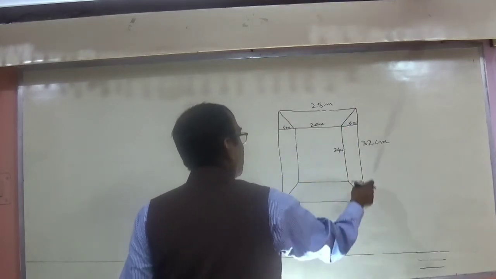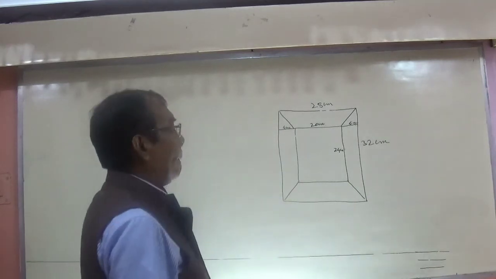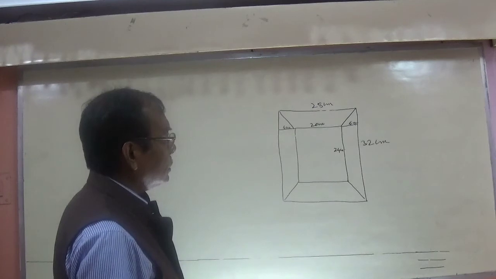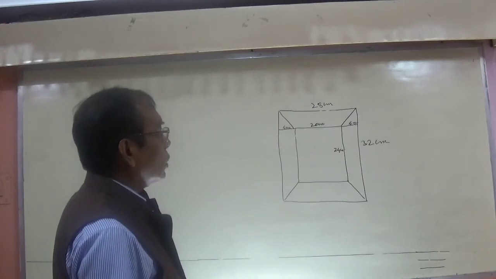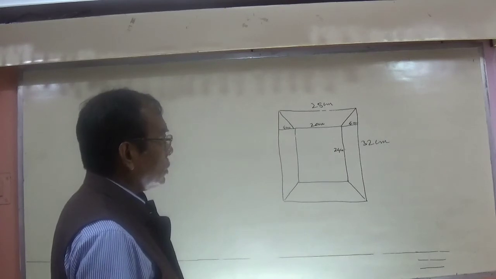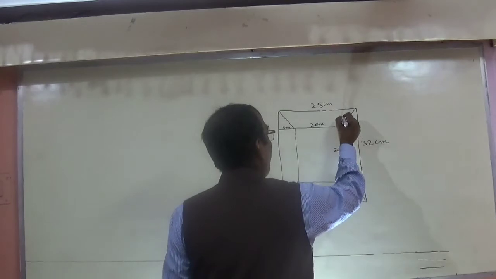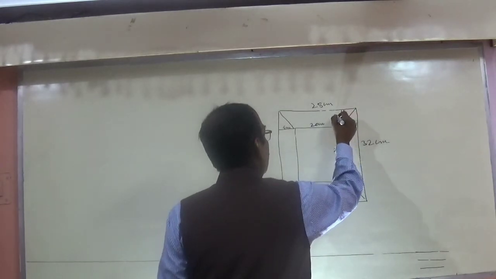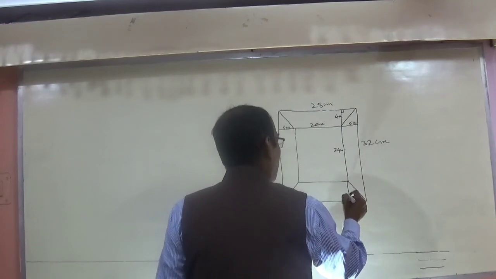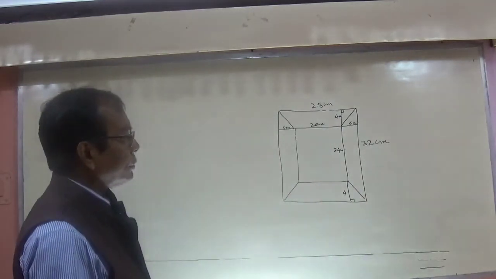Similarly, if it is 32 centimeter and this is 24 centimeter, 32 minus 24, again 8 divided by 2, this is 4. This is 4 as well as this is 4. So you are finding that 4 trapeziums are forming and their heights are equal.